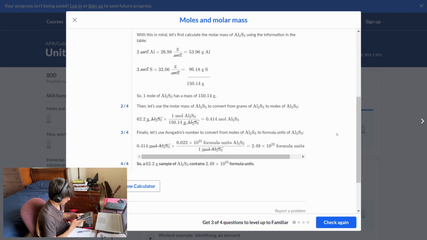Calculator has started. Or not. Okay, whatever. Yeah, okay, it is 10 to the 23. I just can't use the computer calculator.